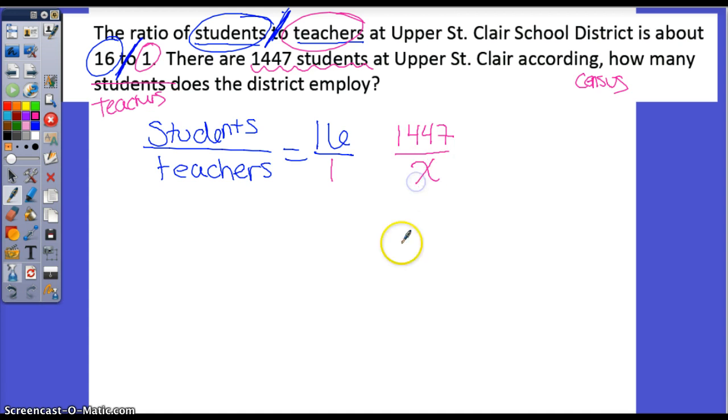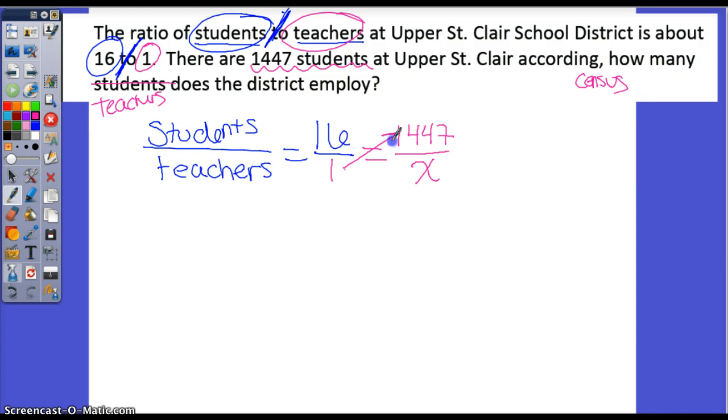So I'm going to call that X. Well, these are equivalent fractions. I'm going to go ahead and make it a proportion, so I'm going to make them equal to each other. Now let's think about it. Does anybody remember to cross multiply?